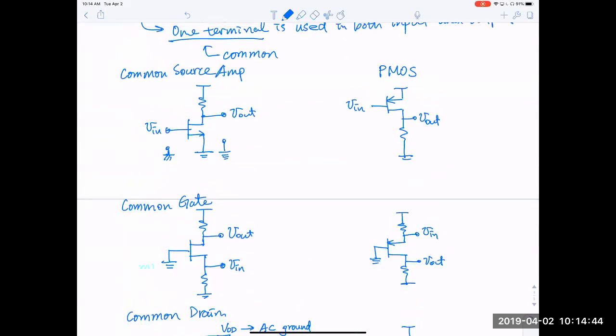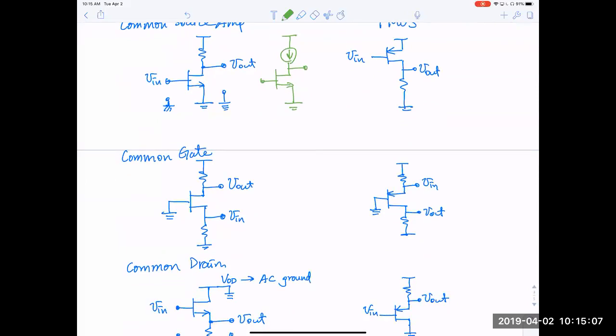Another thing I'd like to point out is, as in the case of the common source amplifier, which we have already discussed, it is actually advantageous to use current source biasing, okay? This will become clear as we work through these examples. So this is actually a better implementation in most cases. For common gate, you will have 2 independent source biases, and this allows you to change the input and the output.